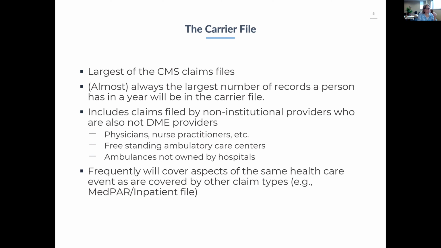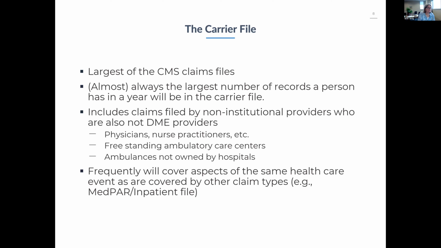Now if you're like me, you're like, what? That whole thing is hard to picture, thinking about all of the providers. What does that mean? Because that's not how we think about things. It means, for example, that physicians and nurse practitioners who submit bills for their work, using CPT codes, are not an institution.